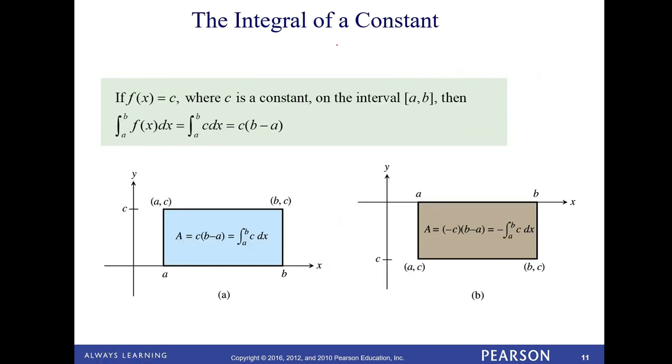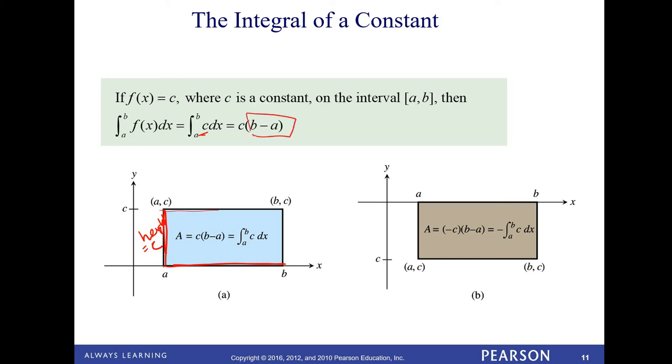So the integral of a constant, we talked about this way back at the beginning. If our function is a constant, c, then all I have to do is multiply c, which is my height, times the width, or the interval from a to b, which is b minus a.